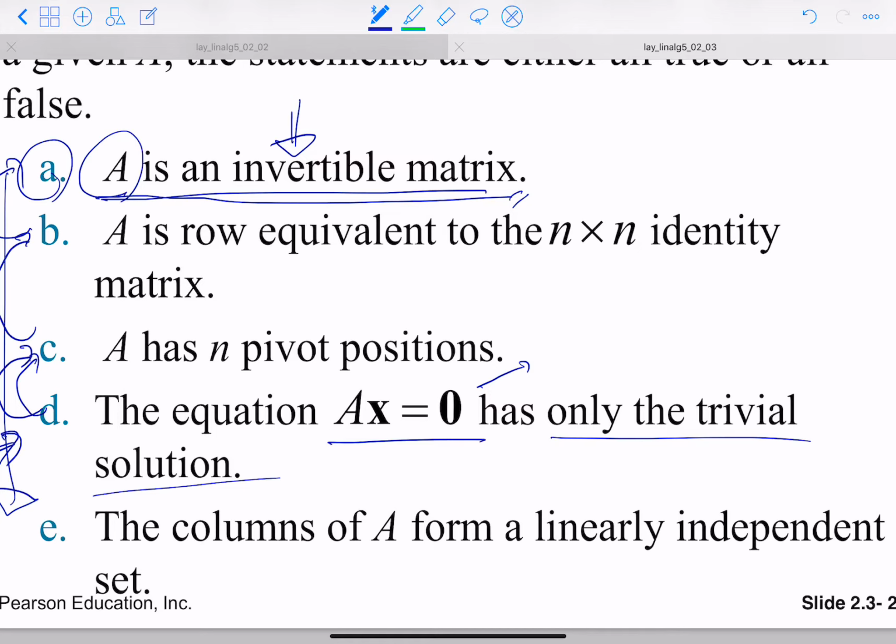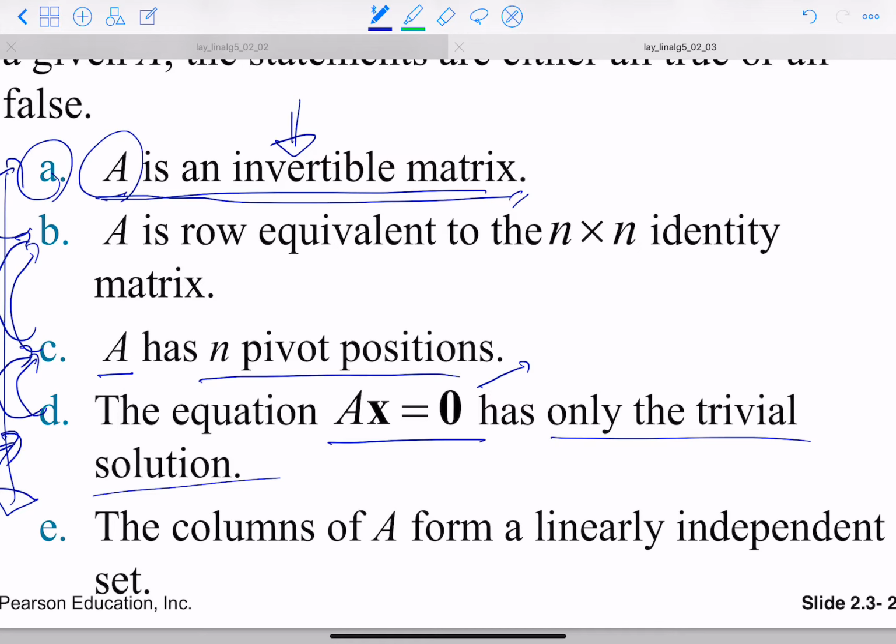And so we have n columns, and so we have n different pivot positions, right? And so we can easily prove that C is true if D is true.